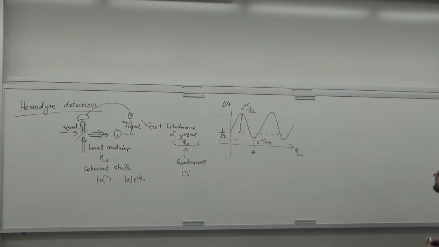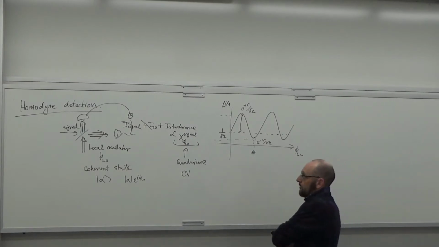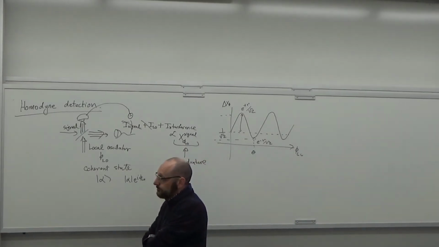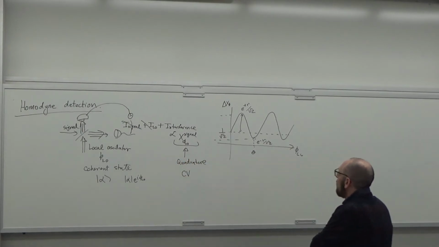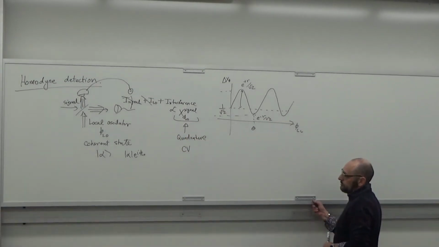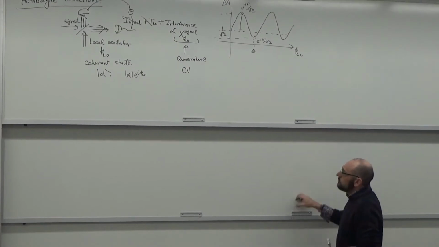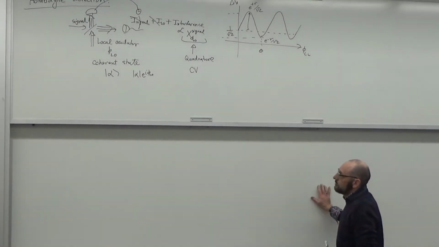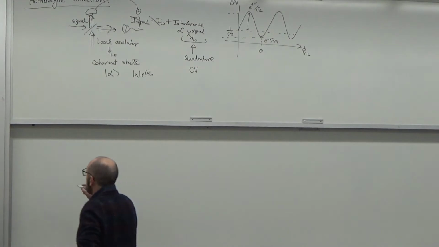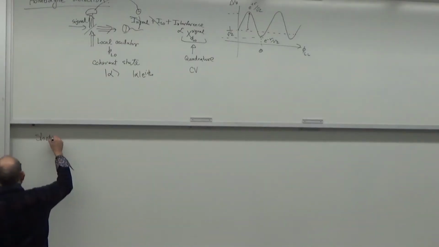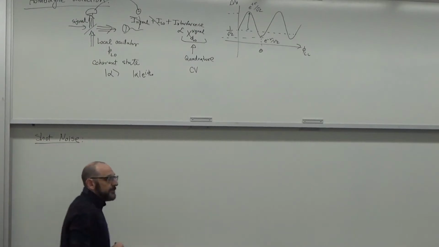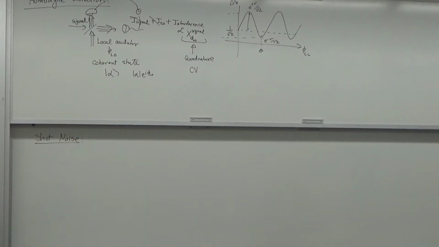Right. So I want to say a few more words about thinking about this from the point of view of the quantum theory. Let's remind ourselves a little more about shot noise.